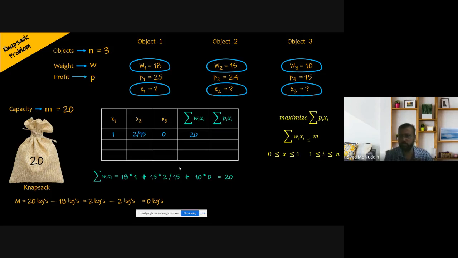Now, how do we proceed with solving this problem? Remember, we have to get maximum profit, and the constraint is that the summation of wi and xi should be less than or equal to M. So let us first consider the objects in the order of maximum weight.